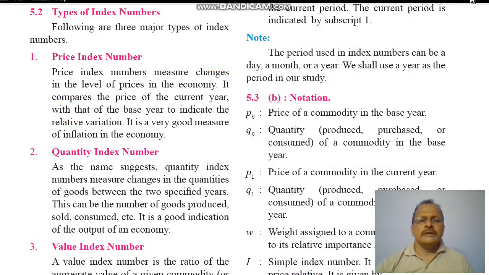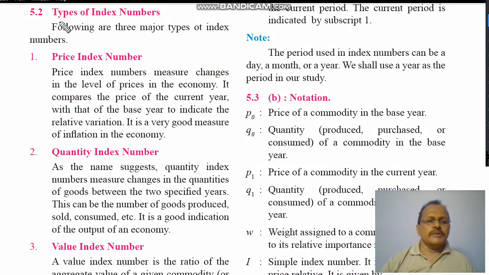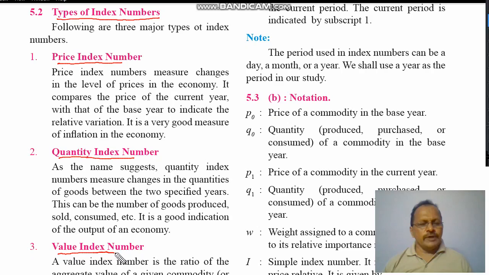Let us see the types of index numbers. The first one is price index number, second is quantity index number, and third is value index number. The names are suggestive. Price index number deals with the changes in price. Quantity index number deals with the changes in quantities.